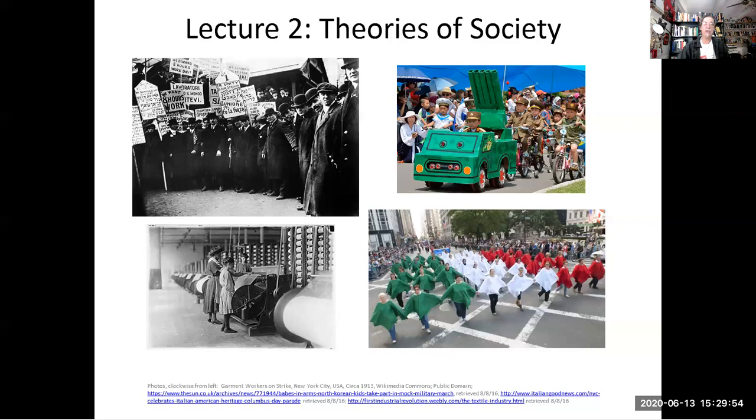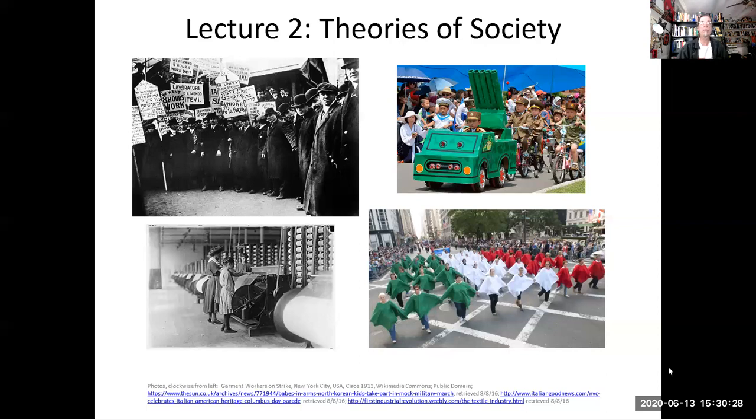You could not employ a child to work in a mine, and they could not work more than 10 hours a day in a textile mill, for instance. So here we have an Italian-American Columbus Day parade. Columbus Day, of course, is a contentious holiday. Christopher Columbus is someone the Italians are much prouder of than, for instance, the Native Americans in this hemisphere.